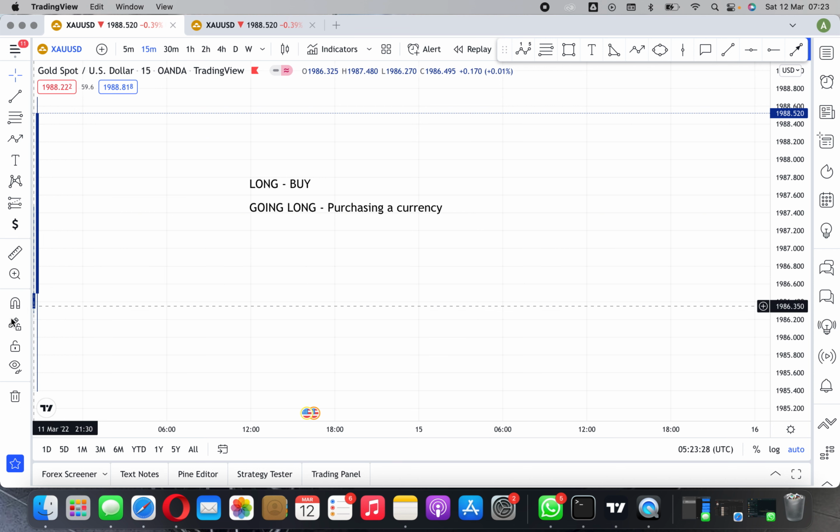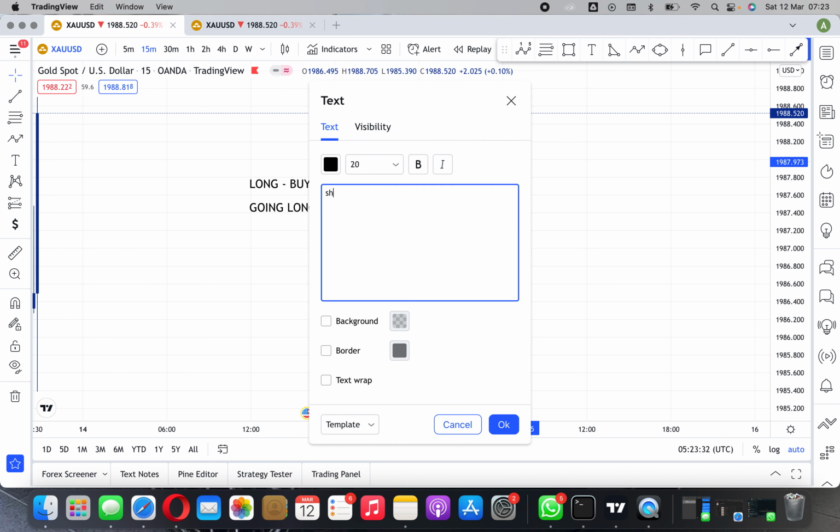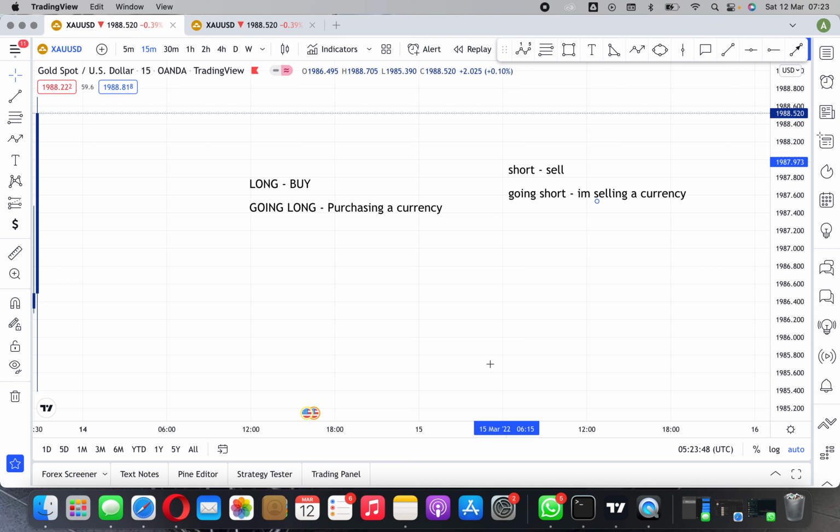That means I'm purchasing gold. The same thing with going short. Don't forget that short in the market means what? Sell. So when I say I'm going short, that means I'm selling a currency. Okay, I hope you understand that.